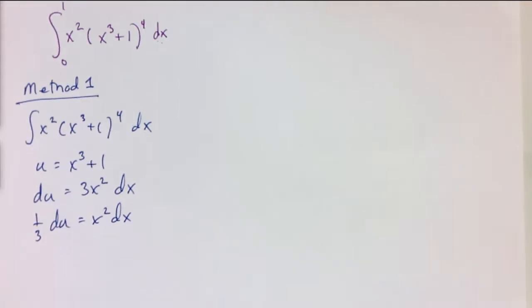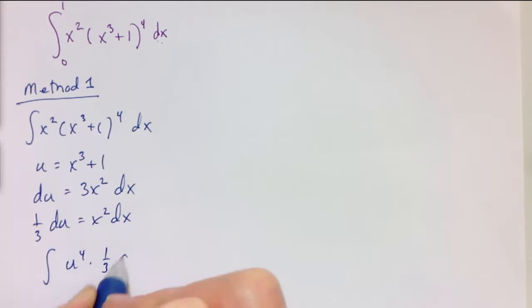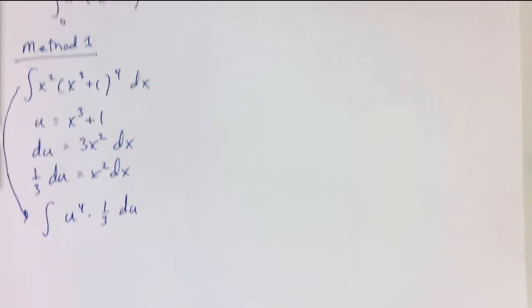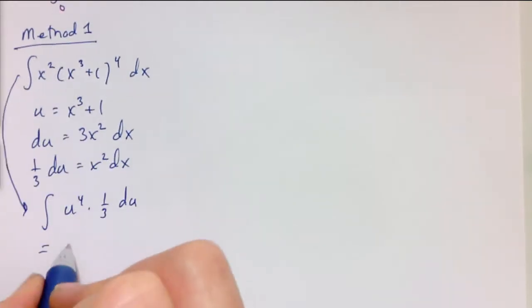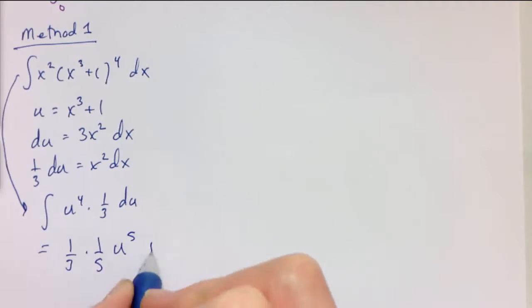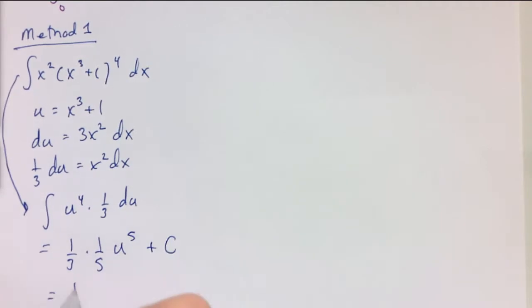So in terms of the new variable, I get u to the 4th times 1/3 du. Taking the antiderivative of u to the 4th, I get 1/3 times 1/5 u to the 5th plus c, or 1/15 u to the 5th plus c.